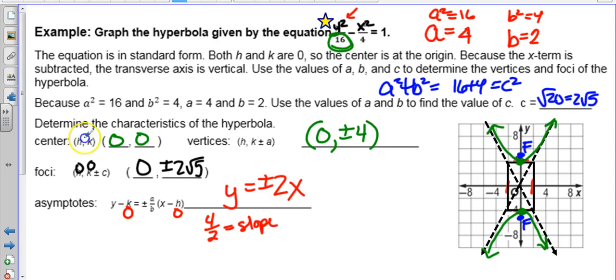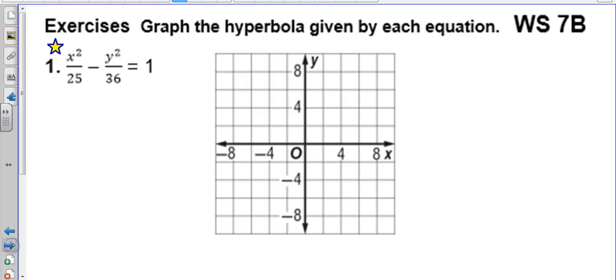Is there one more easy one maybe? Okay. What's going to be different this time? It's going to open sideways. Can you try this one on your own?